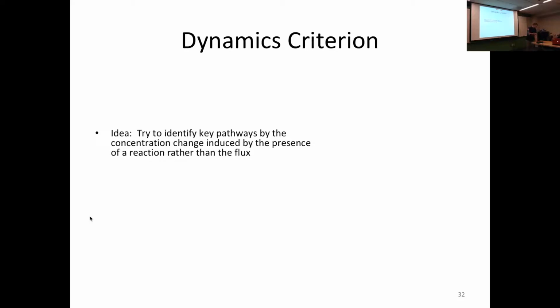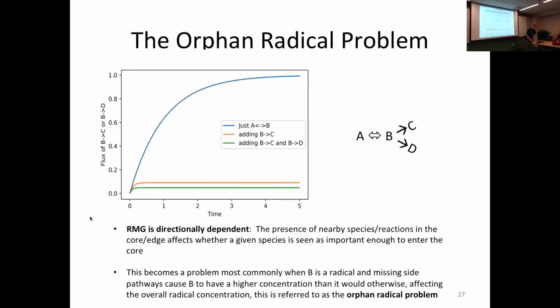The idea of the dynamics criterion was to identify the key pathways by concentration change rather than flux. Basically, instead of identifying how important D is based on the flux to D, we identify how much concentration change it will induce in B.